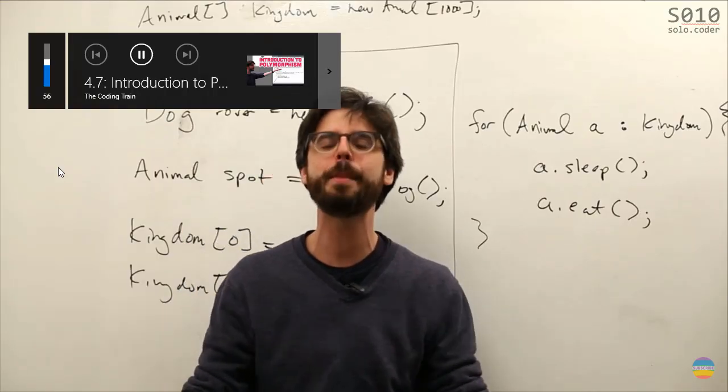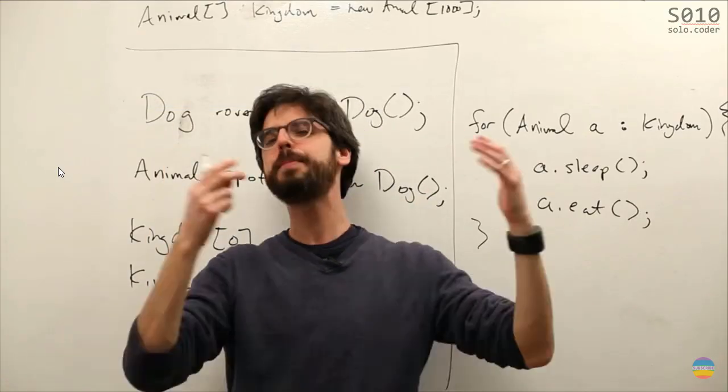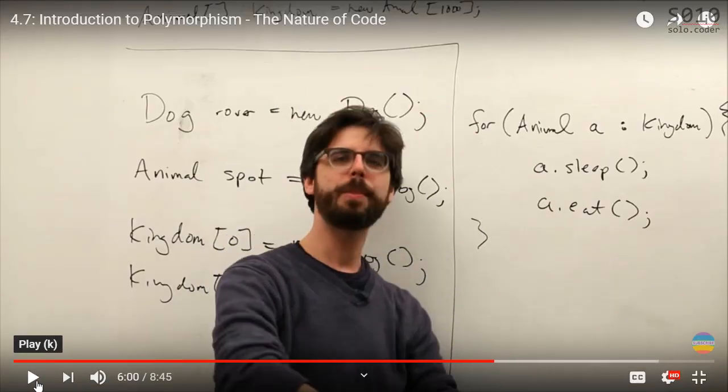It's going to allow us to make a particle system full of particles. But again, that's this ability that we have now to work from a parent to work with specific children, with specific classes.